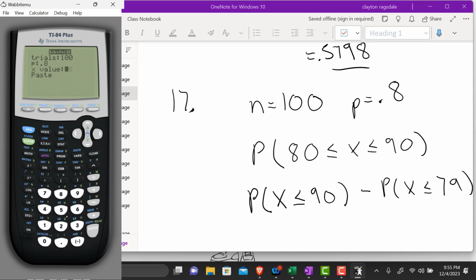And first, we are going to be interested in 90. And we can just enter this in so we have this value. And now I'm going to do separately, same thing, except now I'm going to type in 79 instead. I think I just need to make the one change. Yep, just the one change. I just need 79.